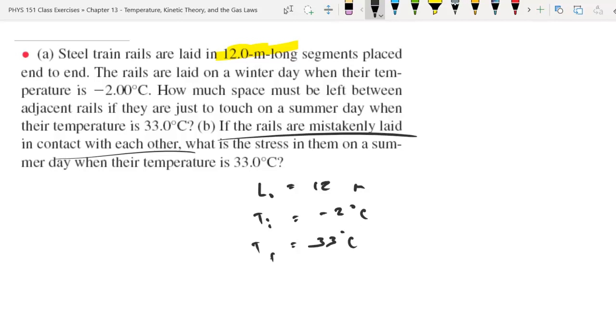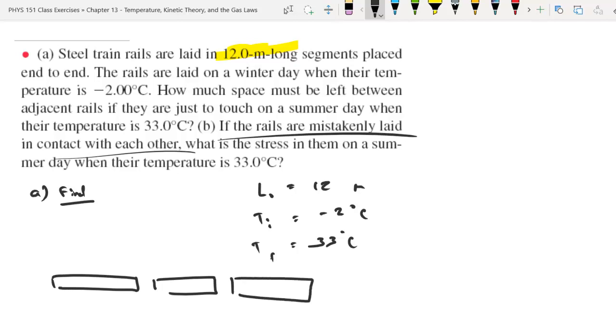So, for part A, we can look at them if they're placed end to end. There's one here and there's another one here. They're going to stretch in both directions. It's going to stretch this way and this way, but then this one's going to stretch this way and this way also. So really, we can just look at it like stretching out in just one direction.